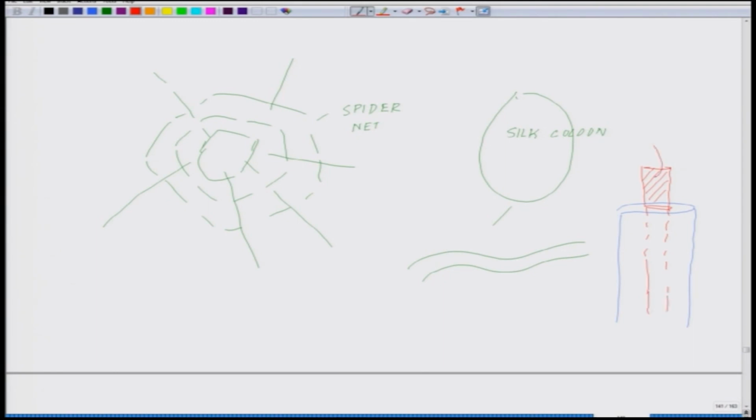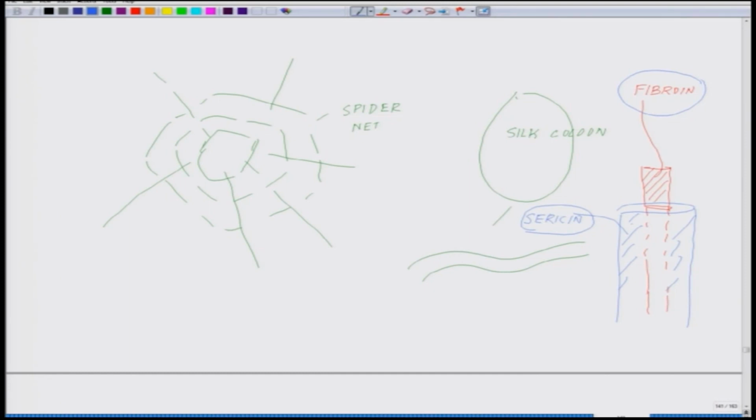So, the inside red tube is called fibroin, and the outside blue part that you see is called sericin. This is what regular silk that we use in our clothing consists of.